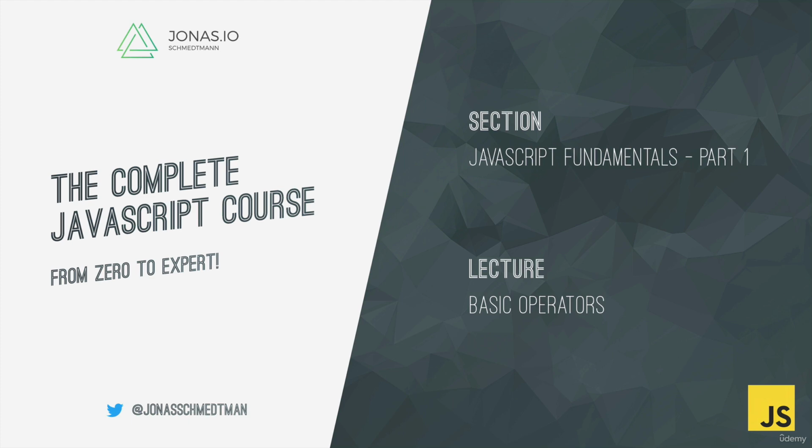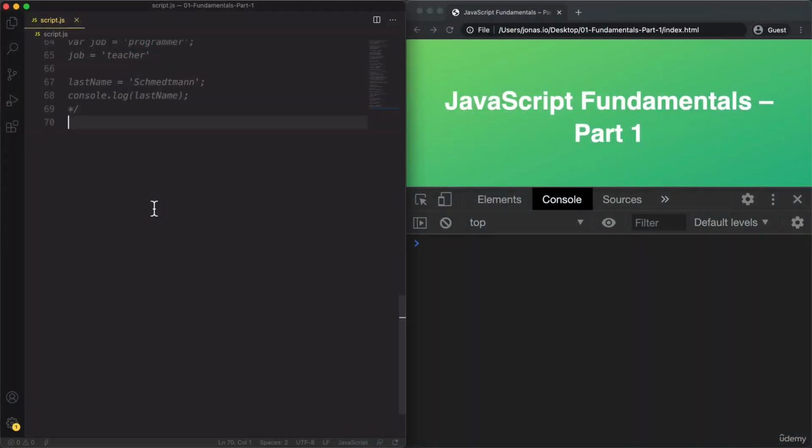Let's now learn some more JavaScript fundamentals. And in this video, in particular, let's learn about some basic operators. And let's start by defining what an operator actually is. So an operator basically allows us to transform values or combine multiple values and really do all kinds of work with values.